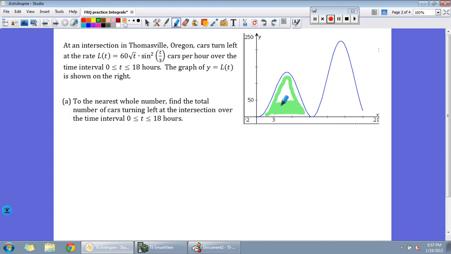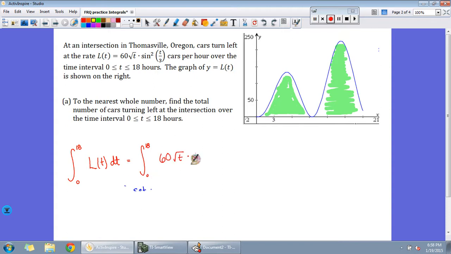So, if we're going from rate to amount, we're going to integrate the area from 0 to 18. So we're going to write the integral from 0 to 18 of L of t dt, or you can write out the actual function. Now, your calculator can actually integrate this for you.